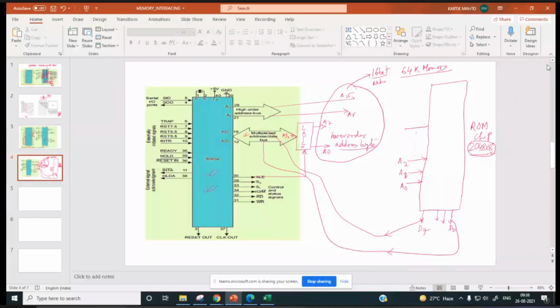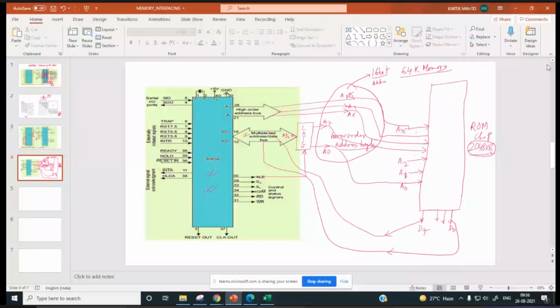A10. So A10 will come to this, A9 will come over here, A8 will come over here, A0 will come over here. Similarly, A7 will come over here.